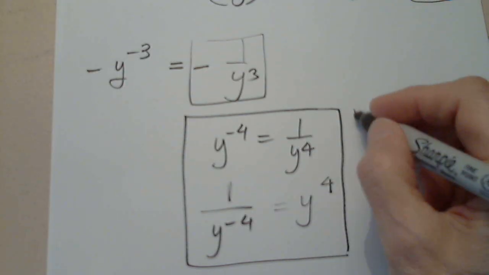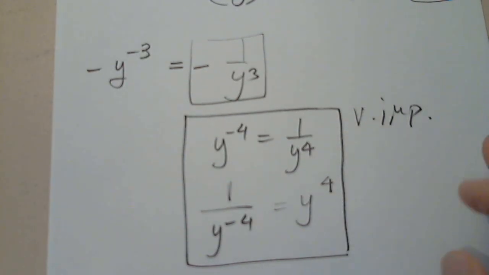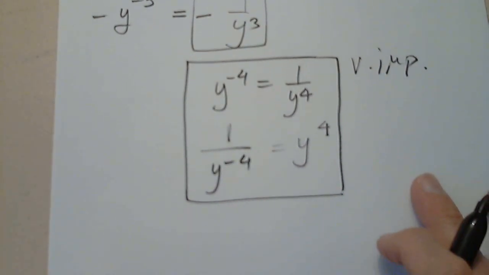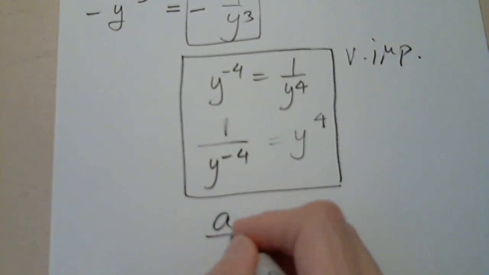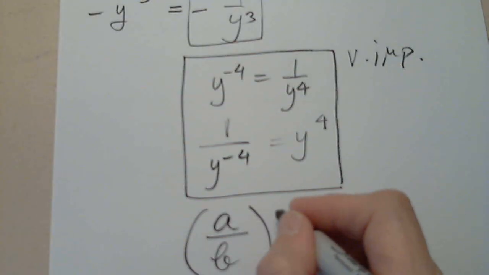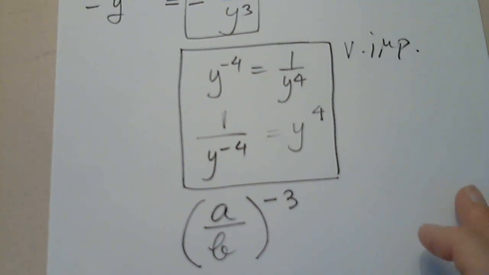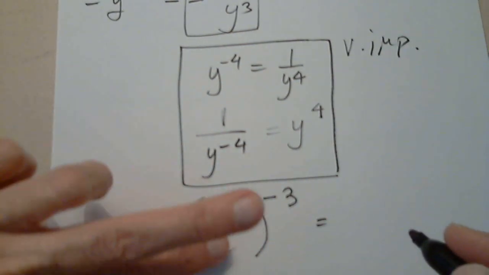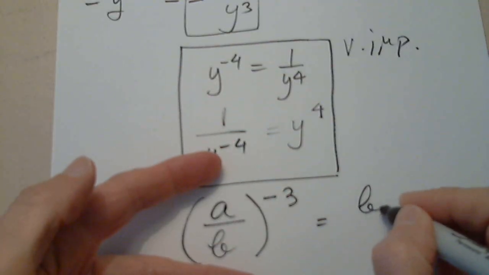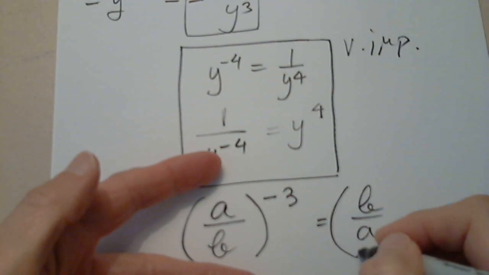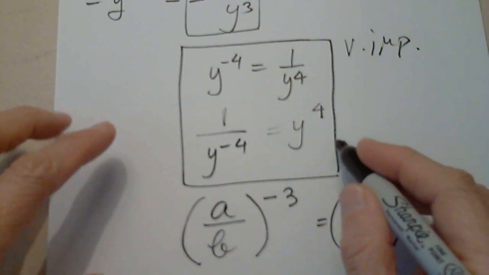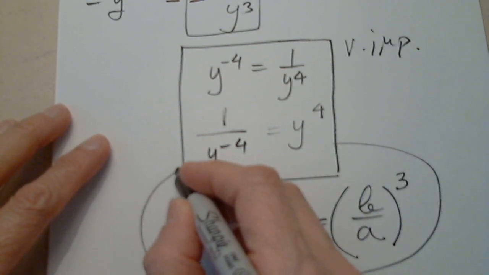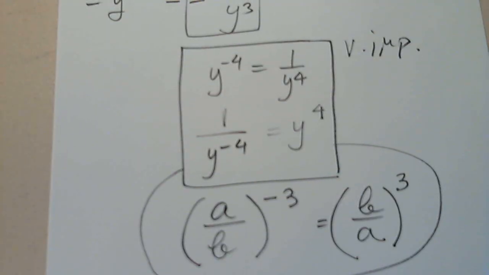Please understand, this is very important. Since we are here, this happens identical to a fraction. So if I have a over b raised to, let's say, negative 3, I have to flip this, b over a, and change the negative power to a positive power. And this is the same rule. It looks slightly different, but it's the same rule.